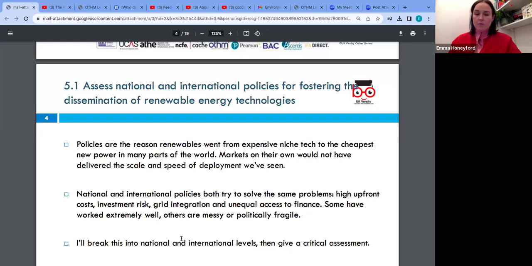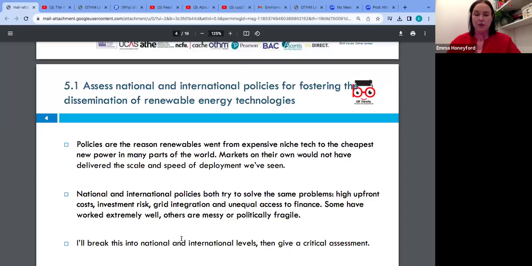So this problem with certain countries unable to finance the green transition has been a problem and has been seen as inaccessible to a lot of countries. So that is a barrier. So whilst some have worked quite well in some countries, others have faced problems and it has been politically fragile.